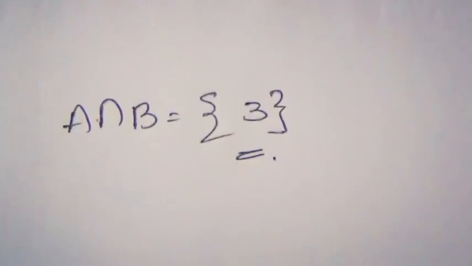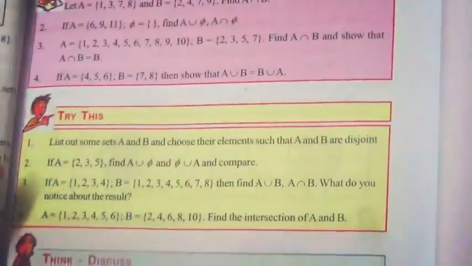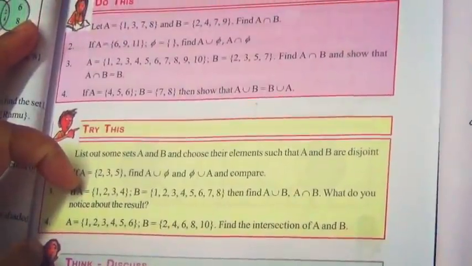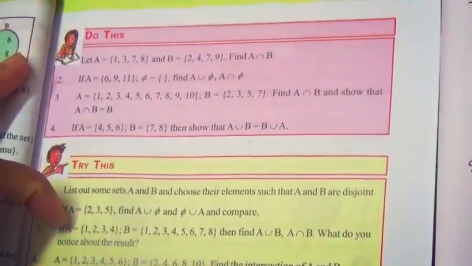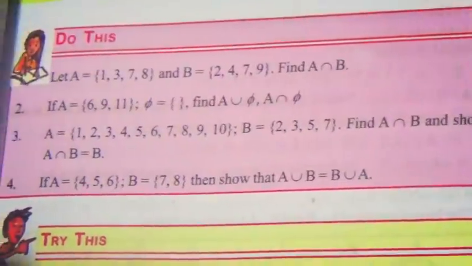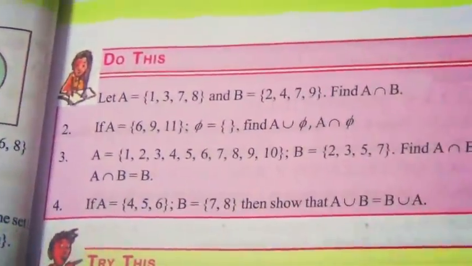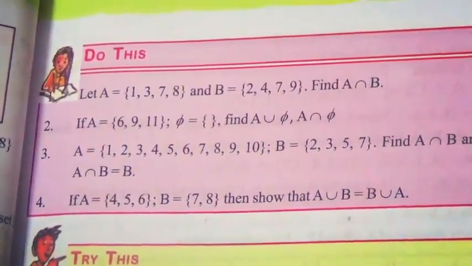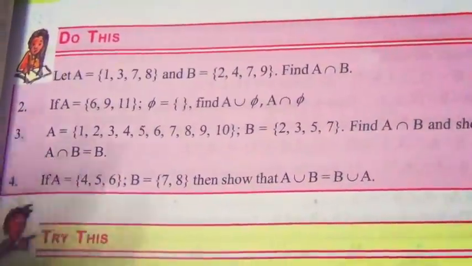Then after this example 5, in page number 37, you have do this, try this and think and discuss. We will complete these 3 now. Okay. In do this, page number 37. I think you will understand in a better way, maybe. I hope you can do it by yourself, but I'll explain once.